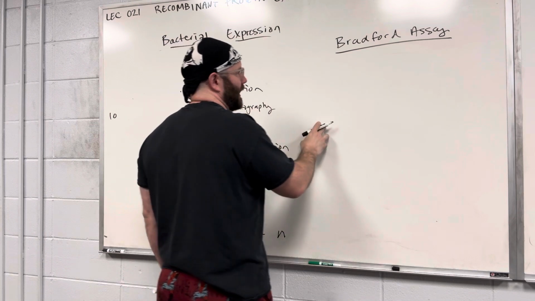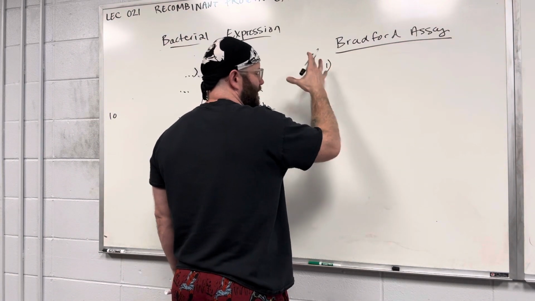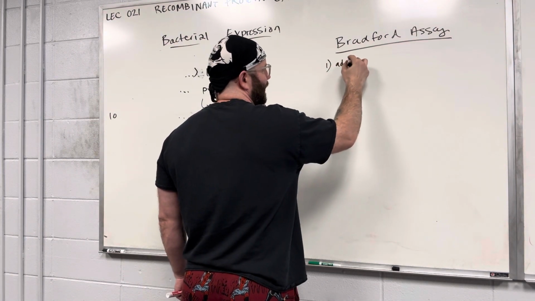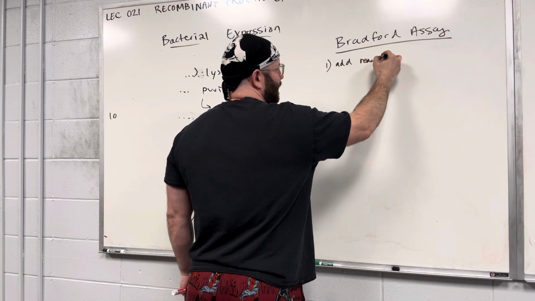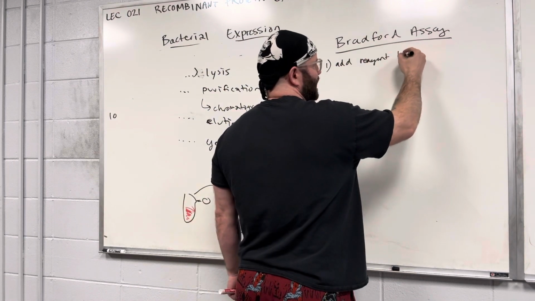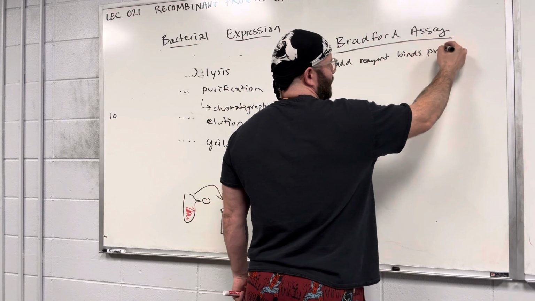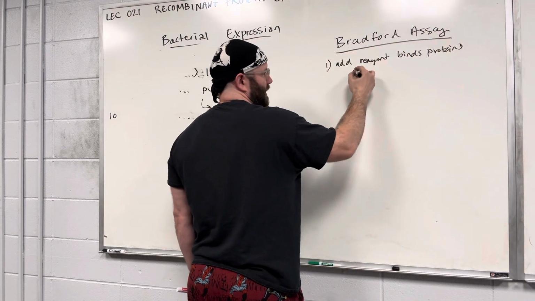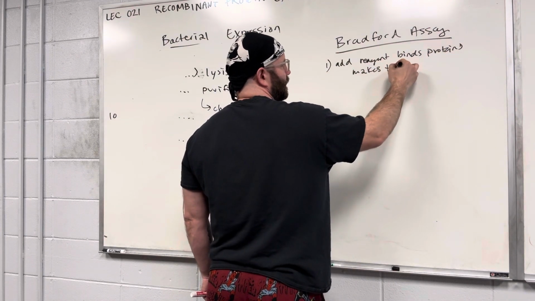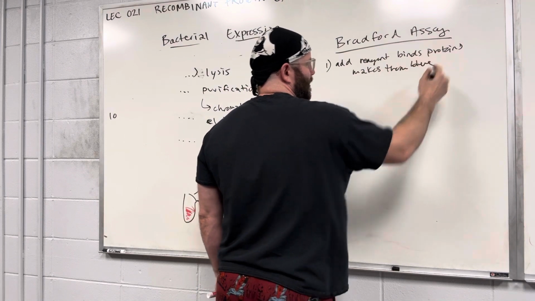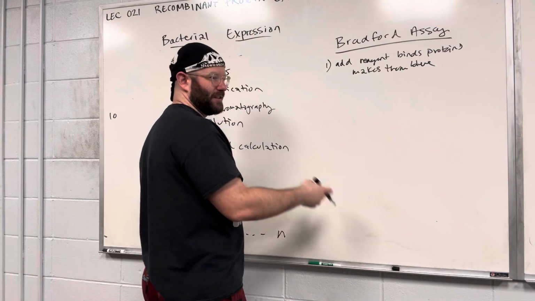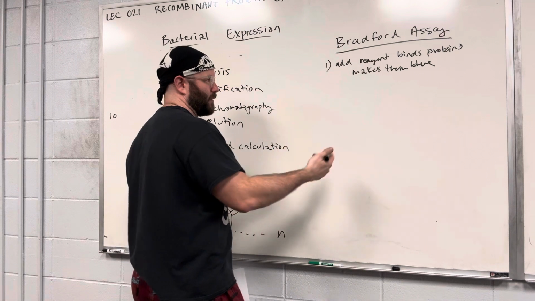Okay, so a Bradford assay is essentially, the very simple gist of it is you add a reagent that binds proteins and makes them blue. And then the amount of blue is a direct readout of how much protein you have.